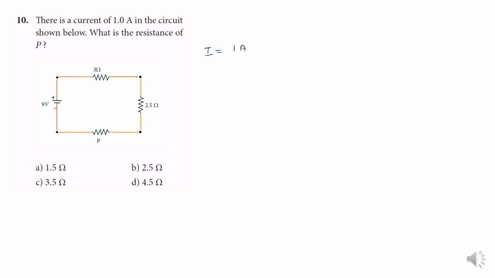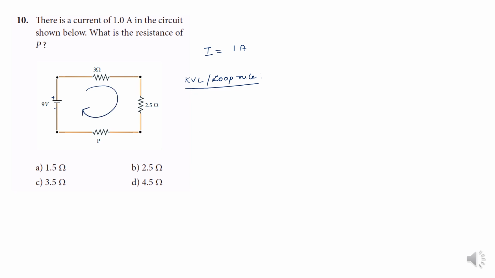So by Kirchhoff's voltage law or loop rule, we know that the net EMF is equal to the sum of the product of current and resistance. Okay. So in this loop, it is going this way.